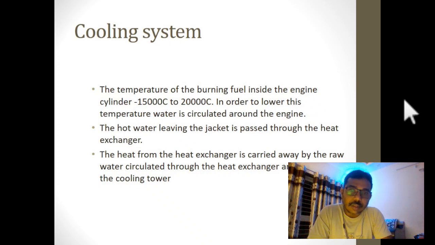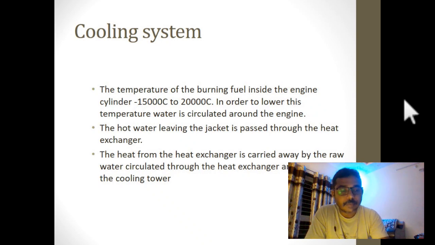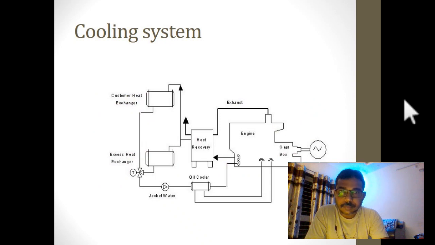If we are not able to have an efficient cooling system, then there may be damage to the system, damage to the engine, or a failure of the engine. This is the cooling system. Definitely a heat exchanger is used over here, and the generally used cooling system is a water cooling system.